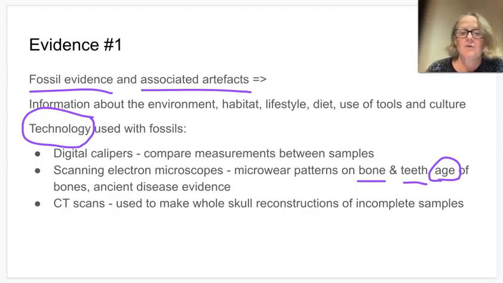They can even spot ancient diseases that might have afflicted that person by comparing it to bone samples today with diseases that we know have happened to a person today. They can also use complex computers with CT scan technology, and you take partial skulls and reconstruct them so that they can pretend they had a full skull and then look at them better.